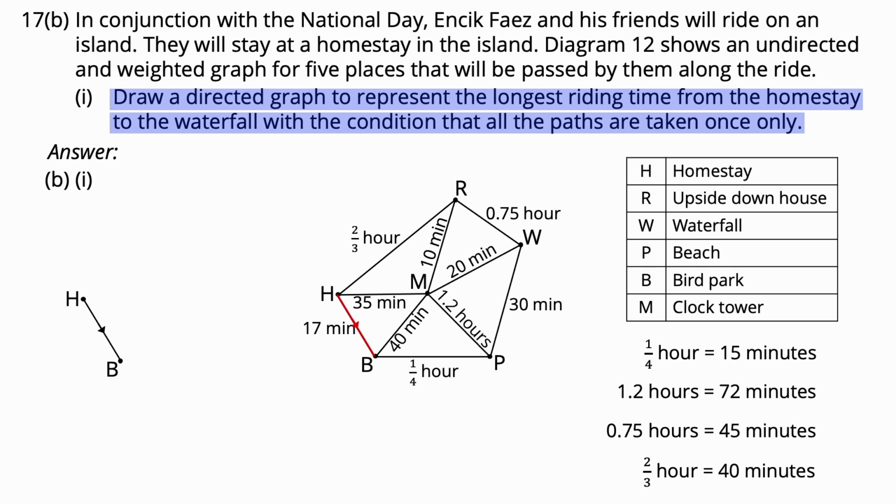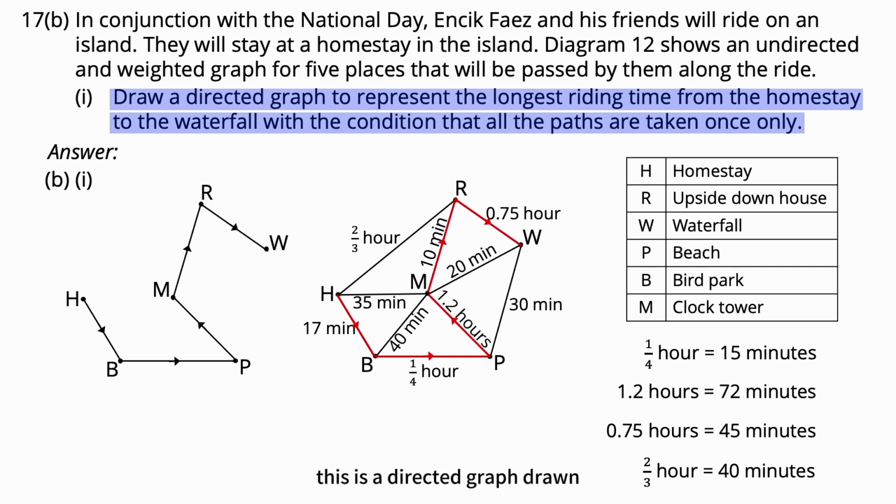From the bird park, go to the beach, P, adding 15 minutes. From the beach, head to the clock tower, M, taking another 72 minutes. From the clock tower, travel to the upside-down house, R, adding 10 minutes. Finally, go from the upside-down house to the waterfall, W, taking 45 minutes.